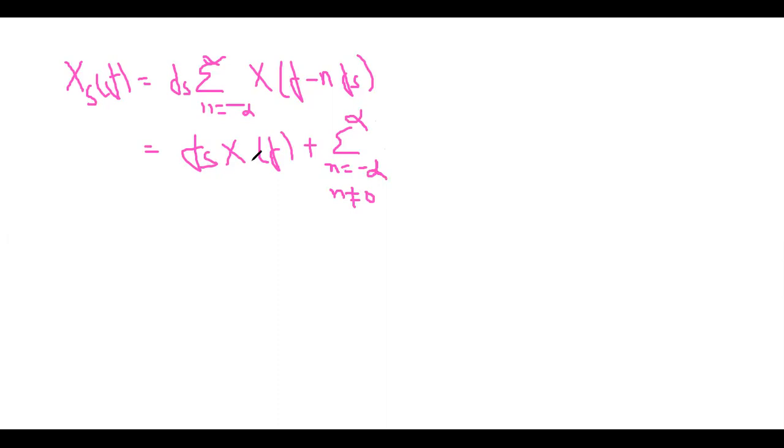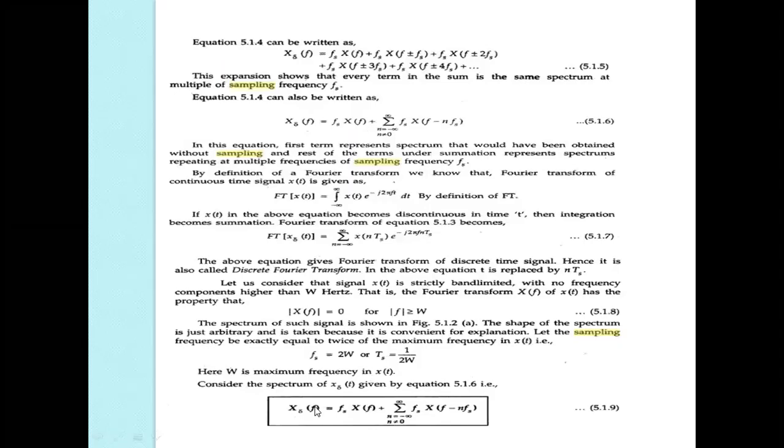This is n equal to 0, my dear students. Again, it is fs times X of f minus n fs. Okay, this is the equation here. So x delta of f is equal to fs times X of f plus the sum of n from minus infinity to infinity, n not equal to 0, of fs times X of f minus n fs.